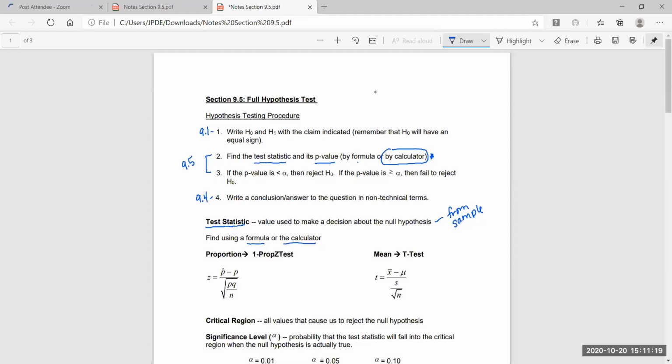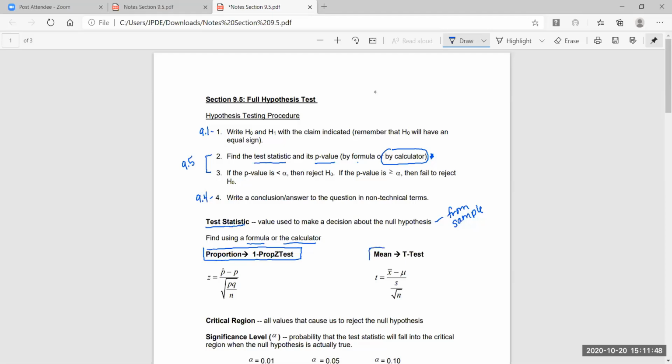If we're using the calculator for a proportion, you will use the 1 prop z test. You're used to seeing a 1 prop z interval from chapter 8. When you have one proportion for a hypothesis test, you'll use a 1 prop z test.